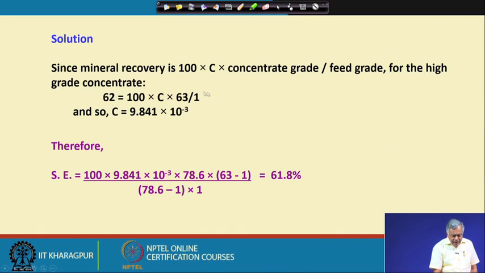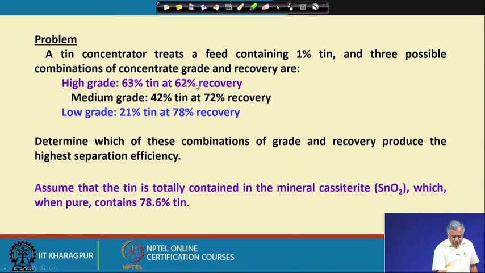Now, since mineral recovery is 100 times capital C, which is the fractional weight you have recovered, multiplied by concentrate grade divided by feed grade. For the high grade concentrate, you have seen that it is 62% recovery and 63% tin.